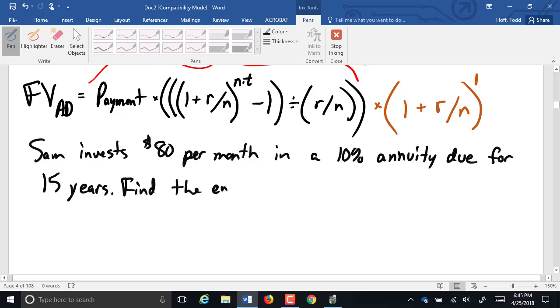Find the ending balance. Well, of course, that ending balance is the future value.